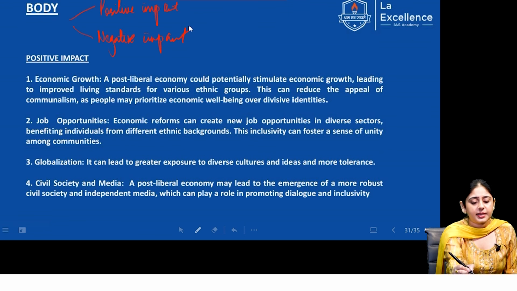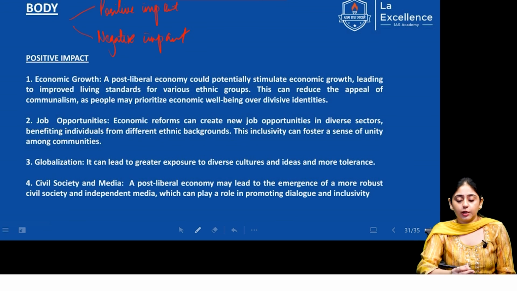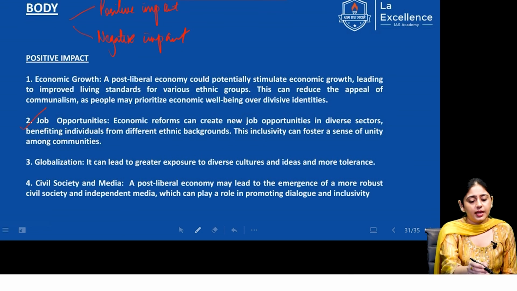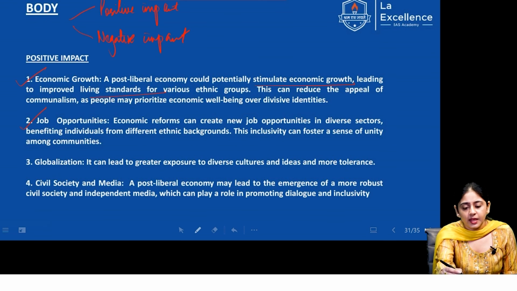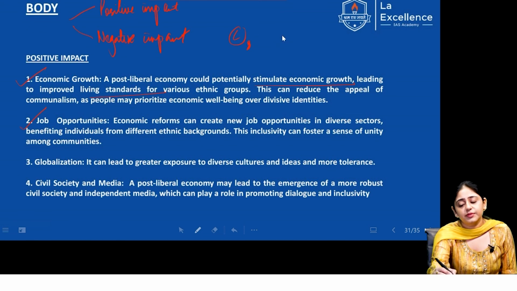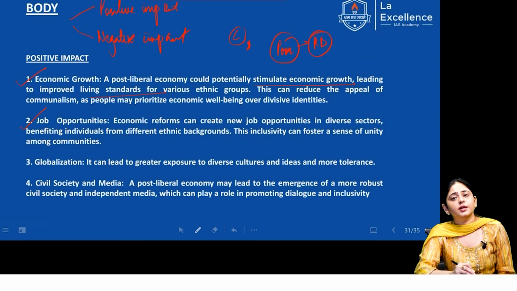So the positive impact has been economic growth, right? More jobs were created. The second point we have covered about jobs. Economic growth stimulated improved living standards of various ethnic groups. One thing you have to remember, we are prone to communalism or religion-related violence, or any kind of religious fundamentalism, only if the population is poor, because there will be a feeling of relative deprivation, that I am poor and the other community is rich.